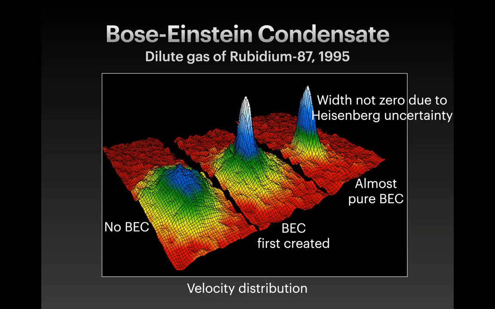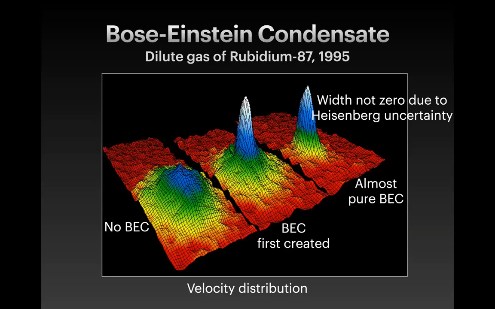You could think of the x and y axes as the x component of the velocity and the y component of the velocity, and then the height, which has the artificial color on it, as the number of atoms that would be in that state.